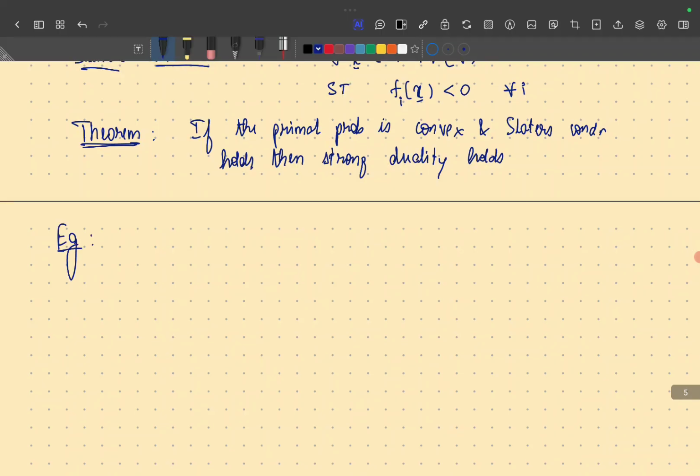All right, so let's start with the following. I want to minimize f of x equal to x square.